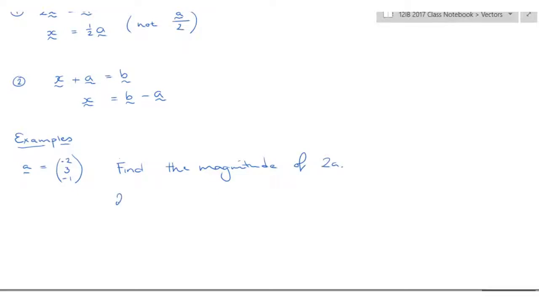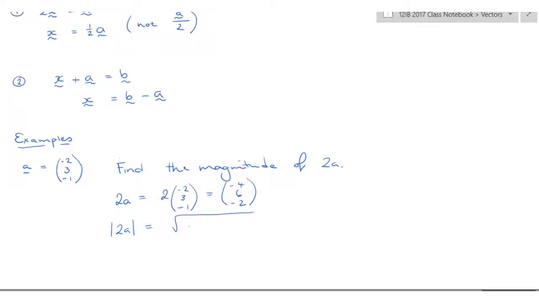So the first thing we're going to do is find 2A. So 2 lots of our -2, 3, -1 gives us -4, 6, -2. And then we need to find the magnitude. Now remember, we could have found the magnitude of A first and then multiplied that by 2. But we can do it this way too.